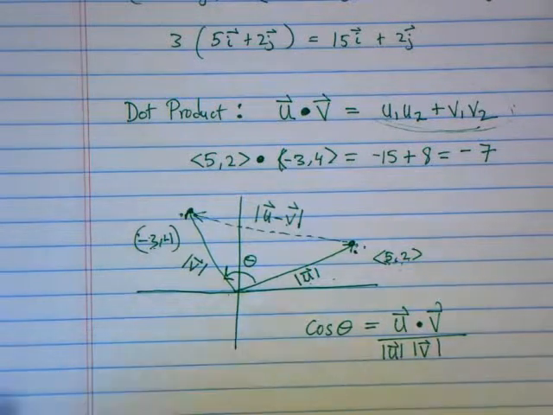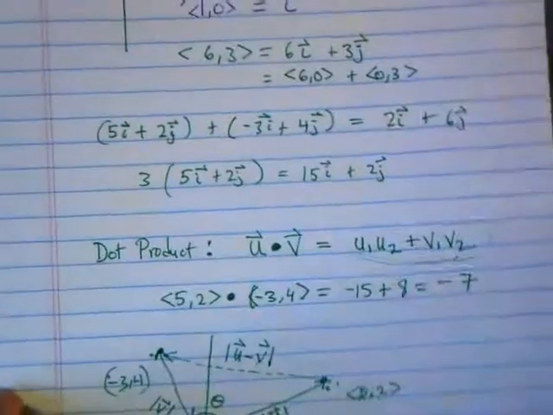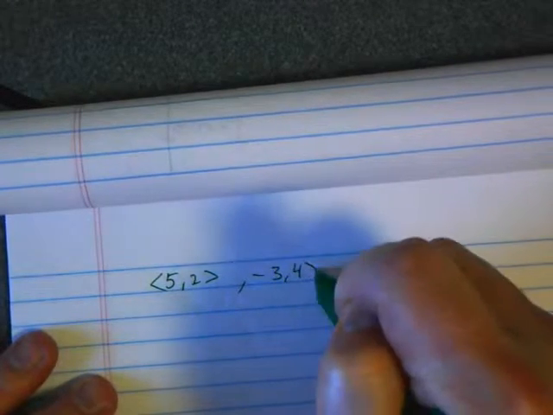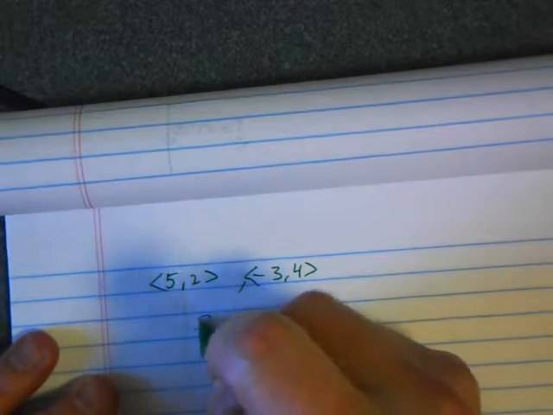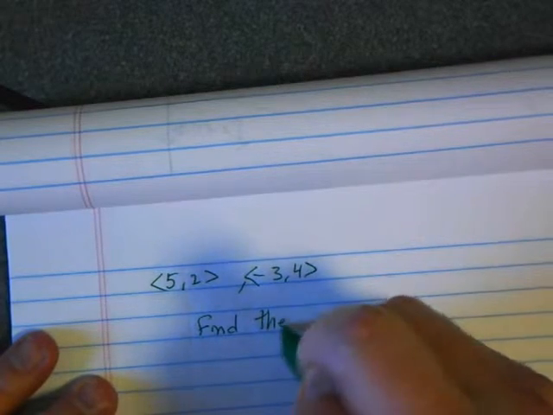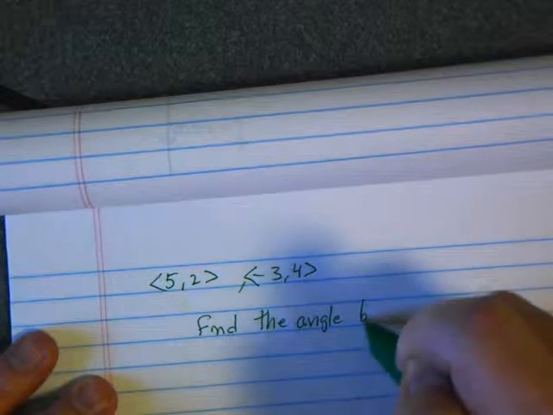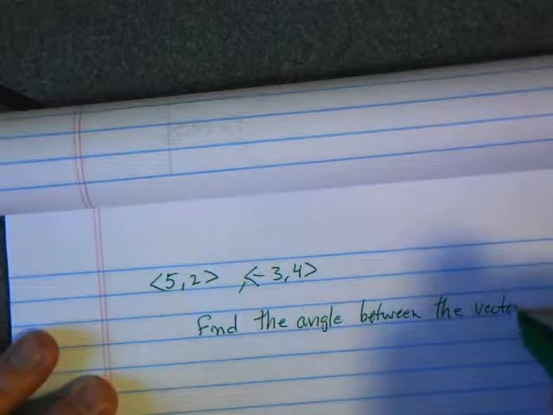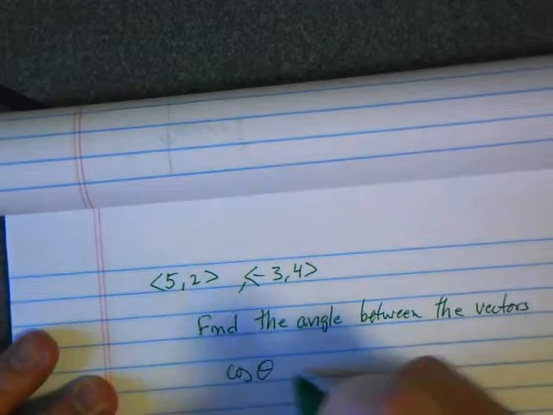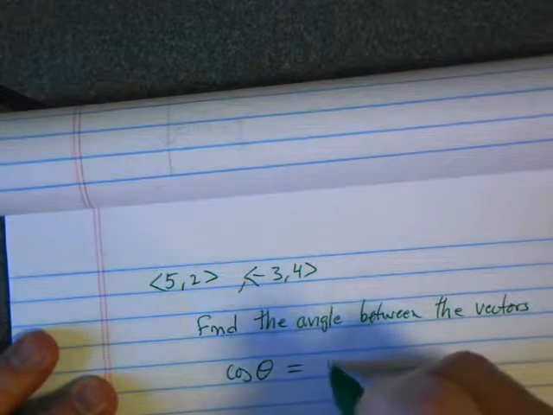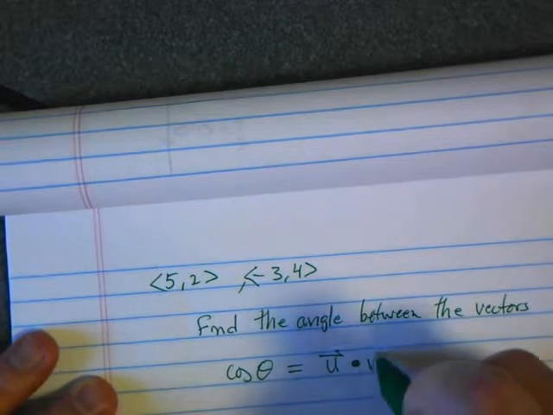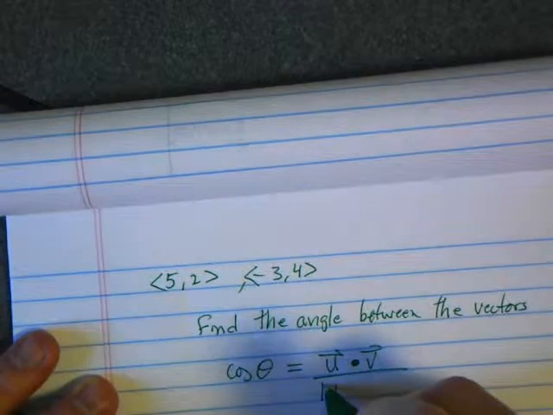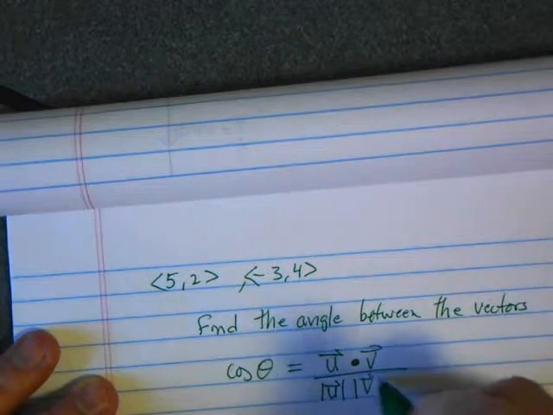All right, so let's work it out. Let's say I have the vector 5, 2 and the vector negative 3, 4. Find the angle between the vectors. You're going to use the formula cosine theta is u dot v divided by the length of u times the length of v.